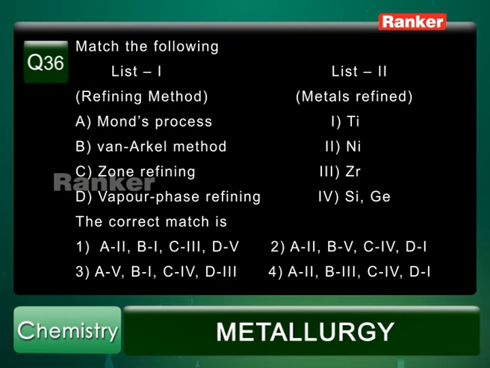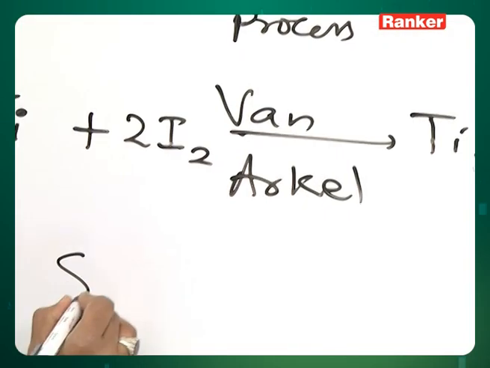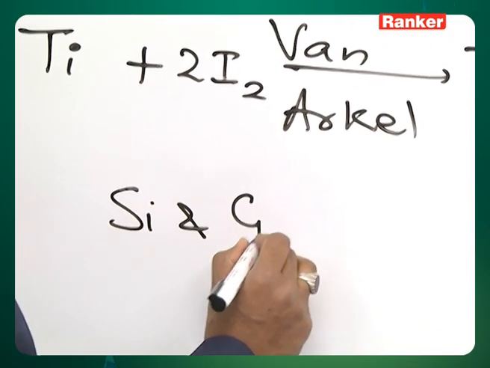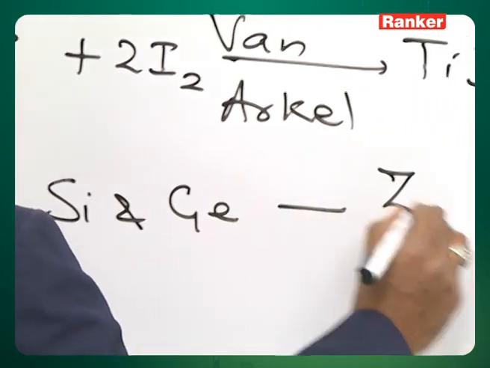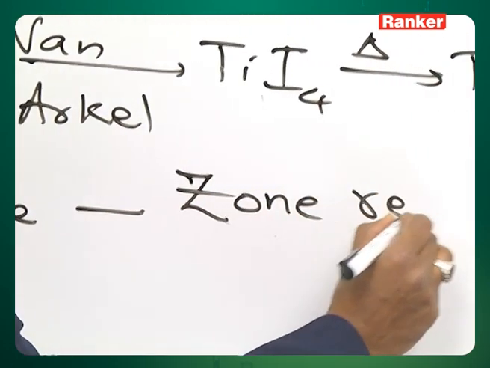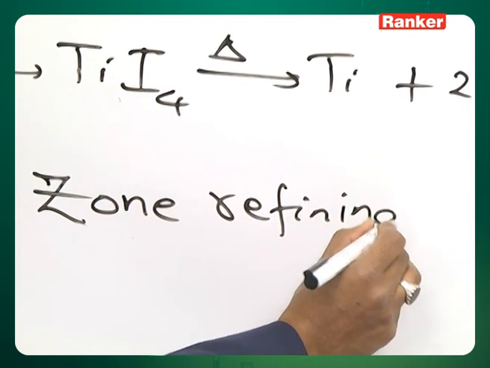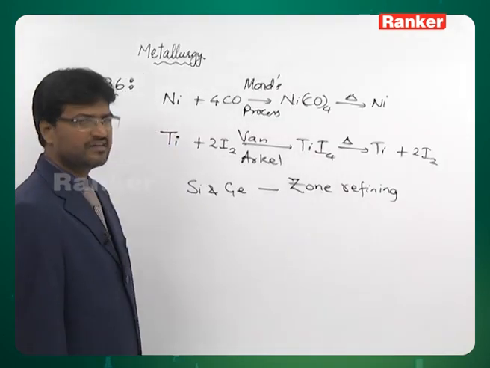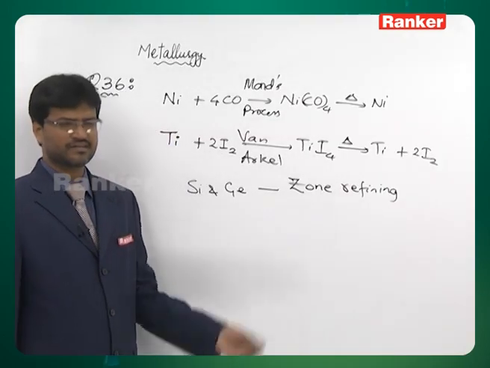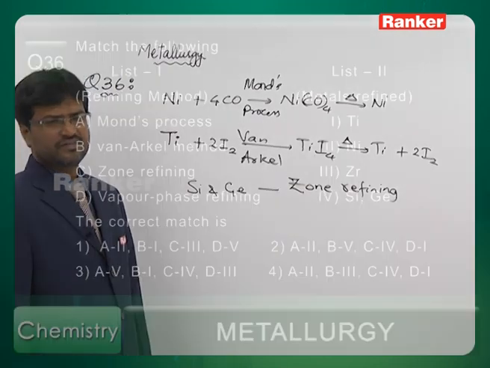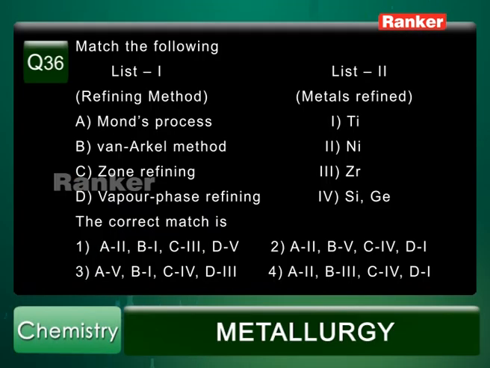And then zone refining. Silicon and germanium are subjected to zone refining because you want them in an ultra pure state, as these are used in semiconductor devices. Then D, vapor phase refining, you can match it with either titanium or zirconium. Both the possibilities are there.